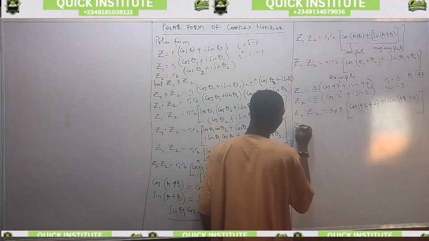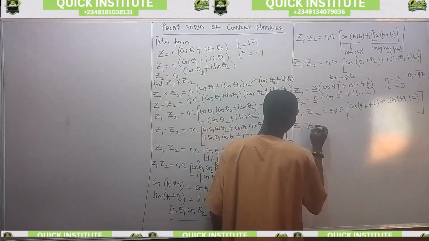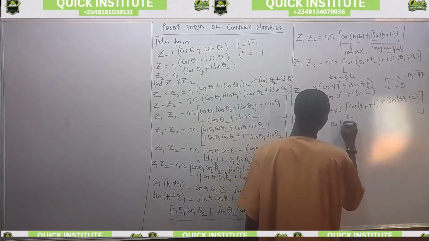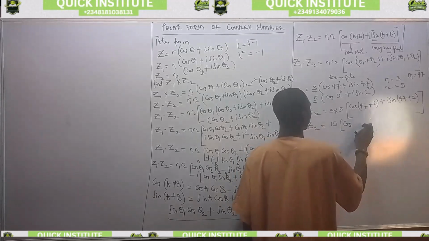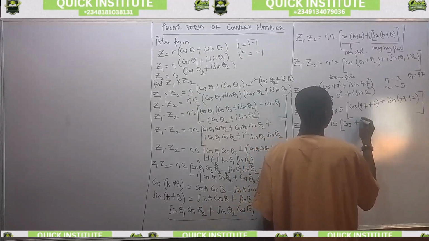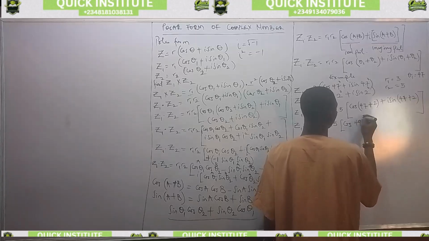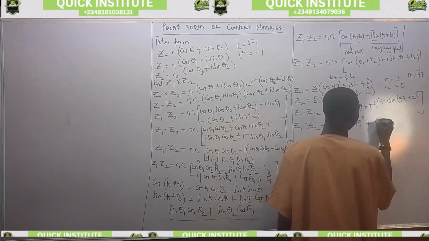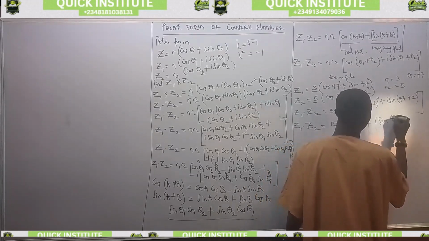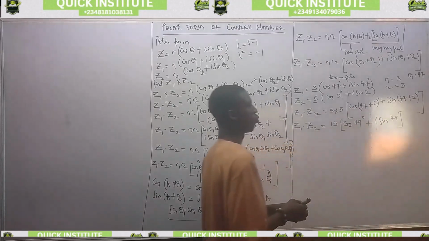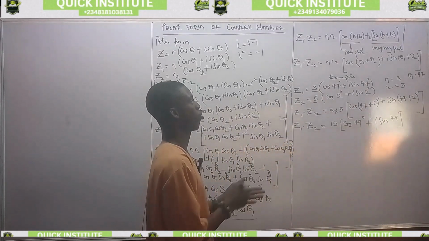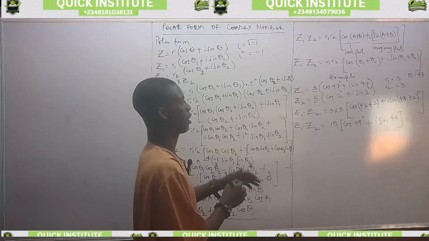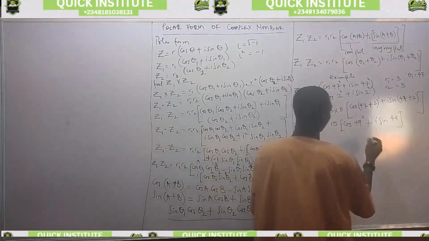So now z1 multiplied by z2 equals 15 (cos 49 degrees plus i sin 49 degrees). That's how we solve for two complex numbers in polar form. So that is the answer.